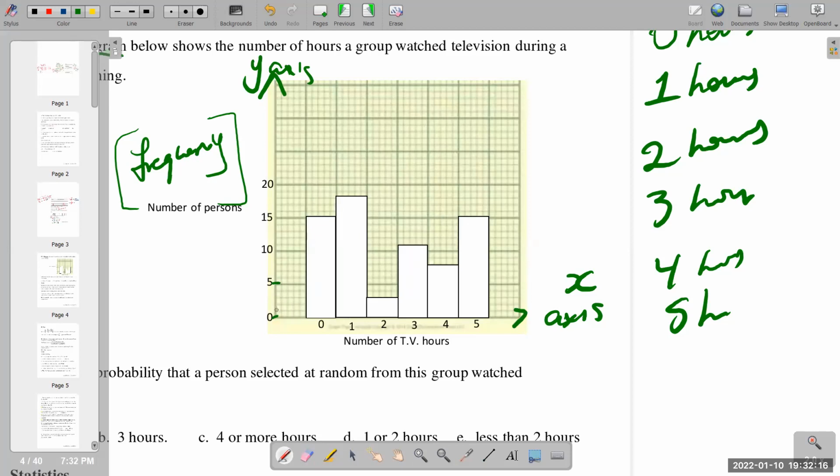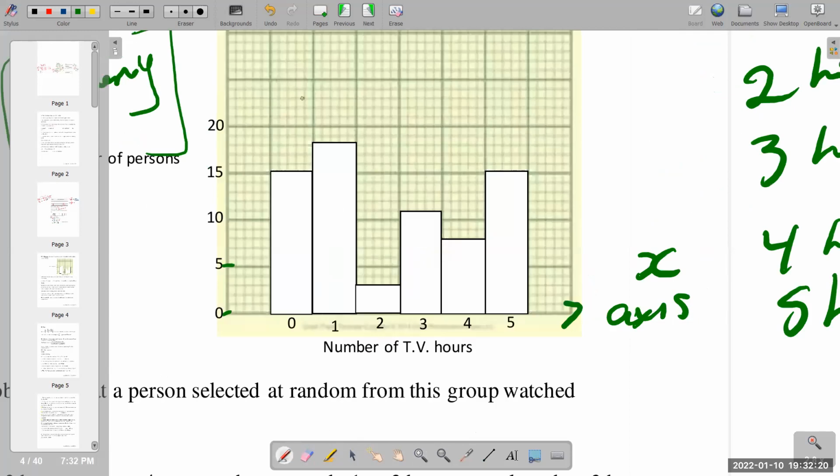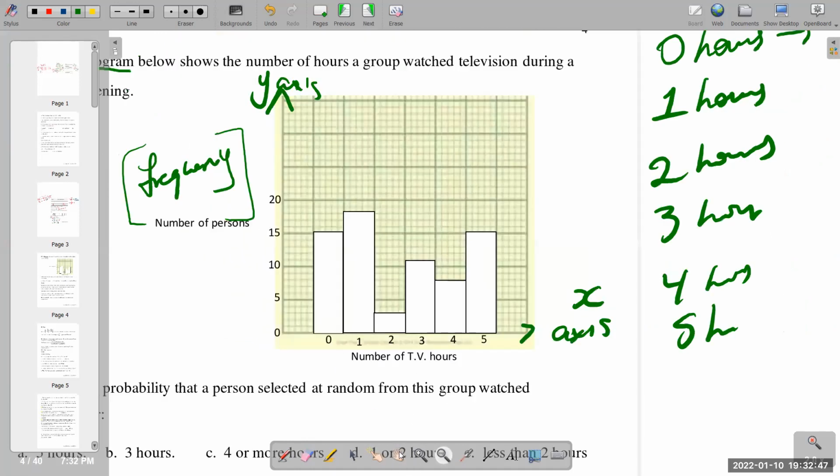So if from here to here is 5, to determine how much each box is, I say 5 divided by the 5 boxes. That means each one is 1. So this would be 1, 2, 3, 4, 5. Everybody see that? That was an excellent observation. So 4 hours is 8.